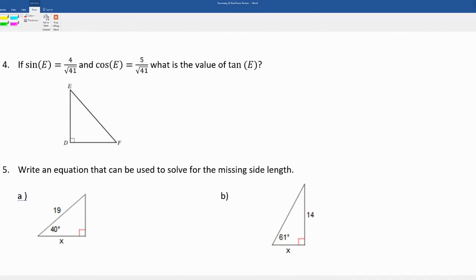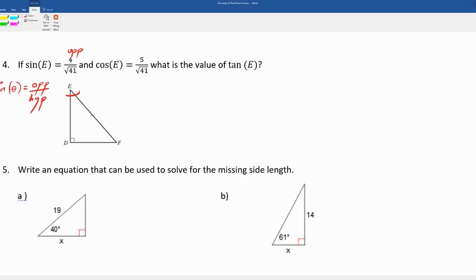All right, number 4, if sine of E, so this is our reference angle, equals 4 over the square root of 41. Let's use that information first to establish what's going on with our triangle here. Sine of theta, in this case E, is going to be the opposite over the hypotenuse, right? That means 4 is going to be our opposite side.